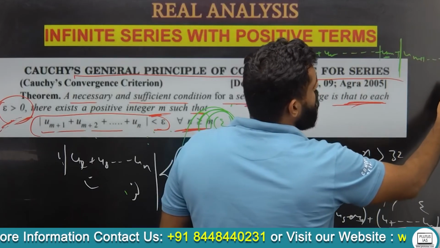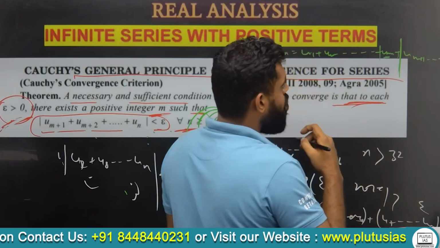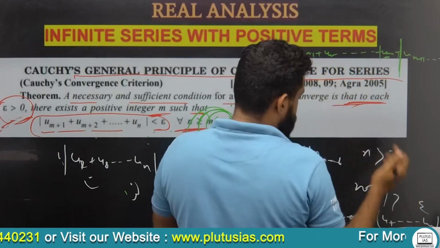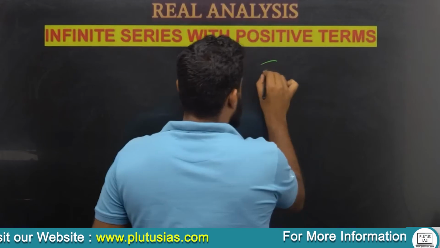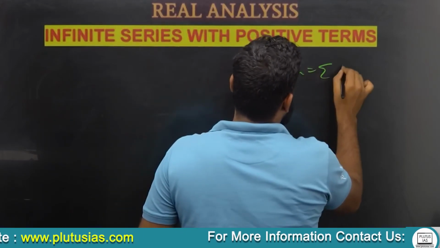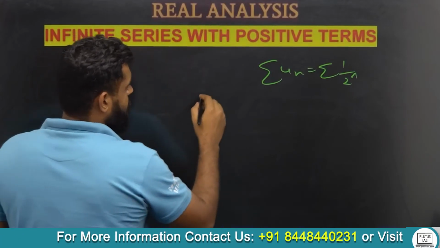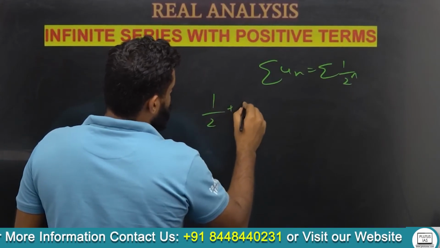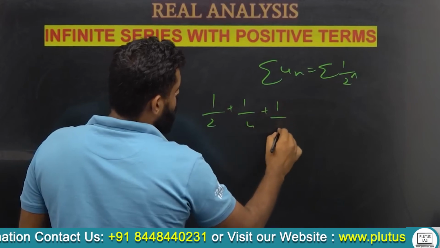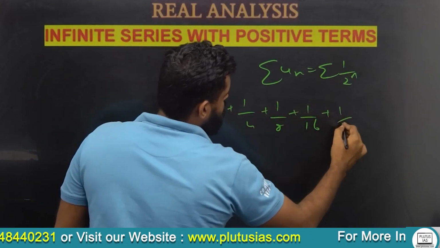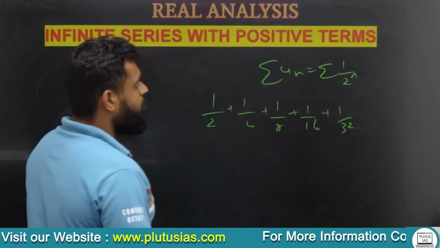suppose I have taken a series un equal to summation 1 upon 2 to the power n, that is, 1 upon 2 plus 1 upon 4, plus 1 upon 8, plus 1 upon 16, 1 upon 32.